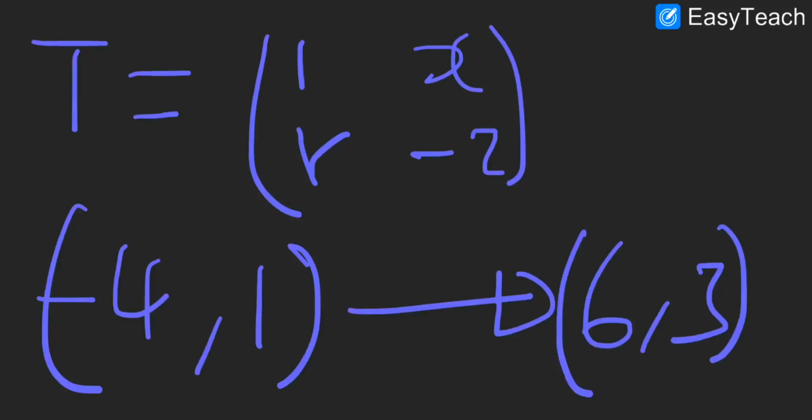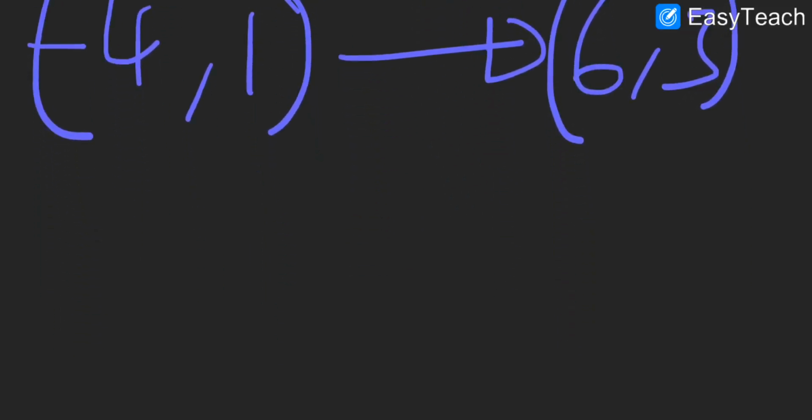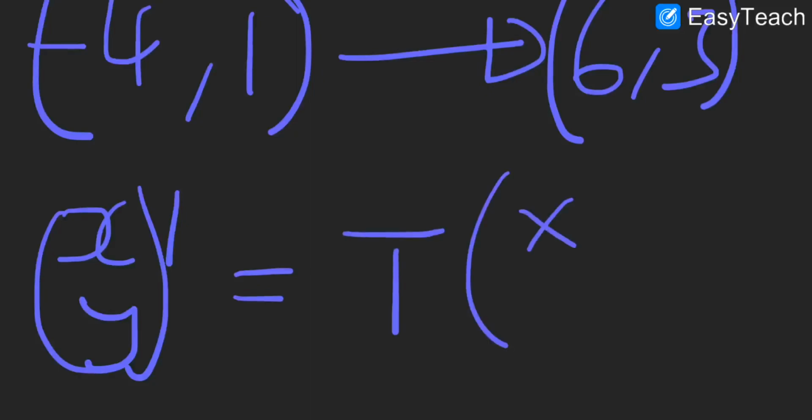As we know, to find the image under transformation, there is a formula which says the image x, y always equals the transformation multiplied by the point x, y.